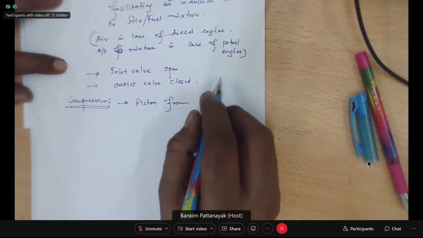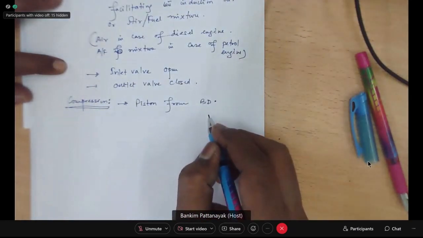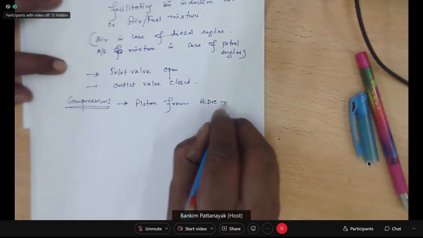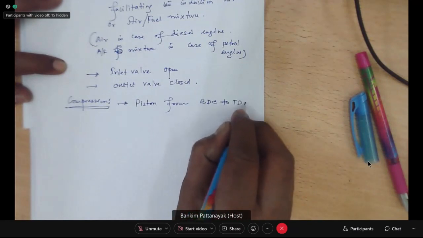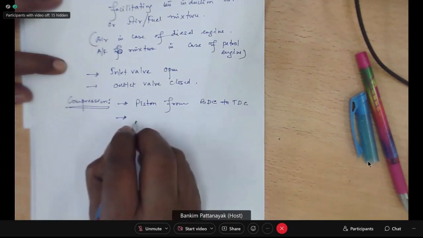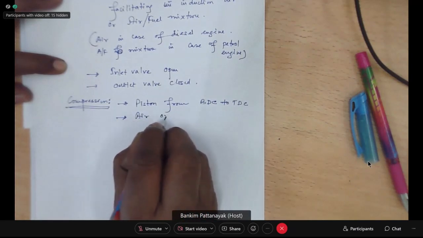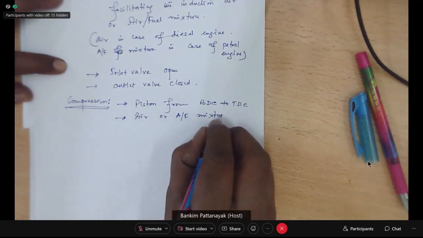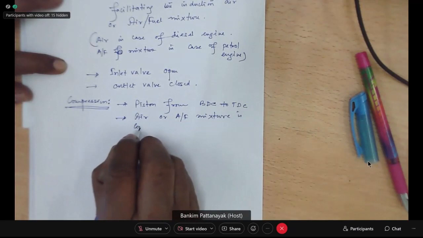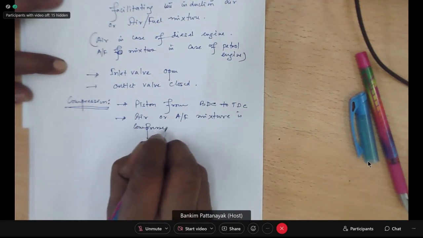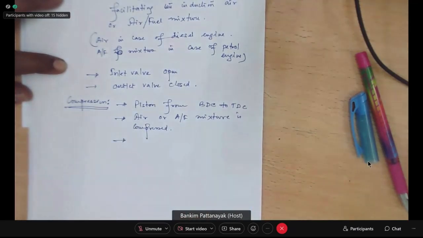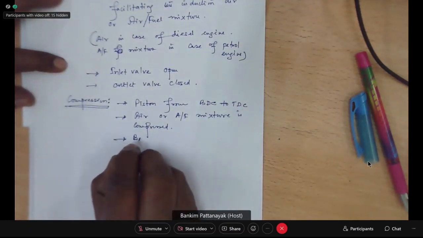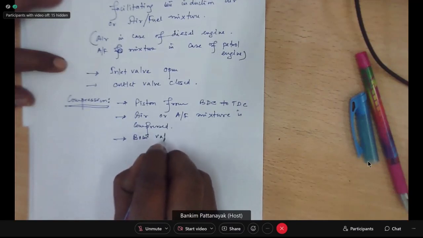Suction has been completed, therefore the piston has reached the BDC. Now piston from BDC to TDC, top dead center. So air or air fuel mixture is compressed. That means both valves are closed.